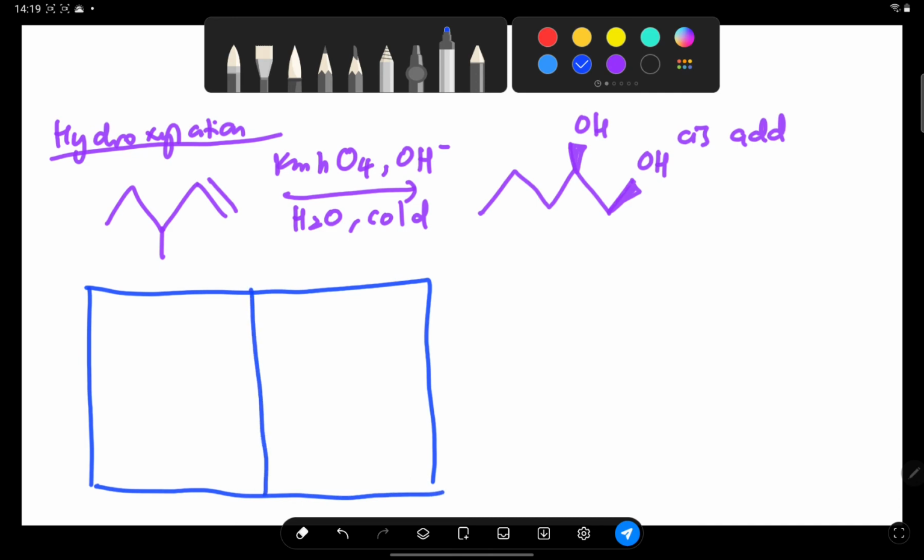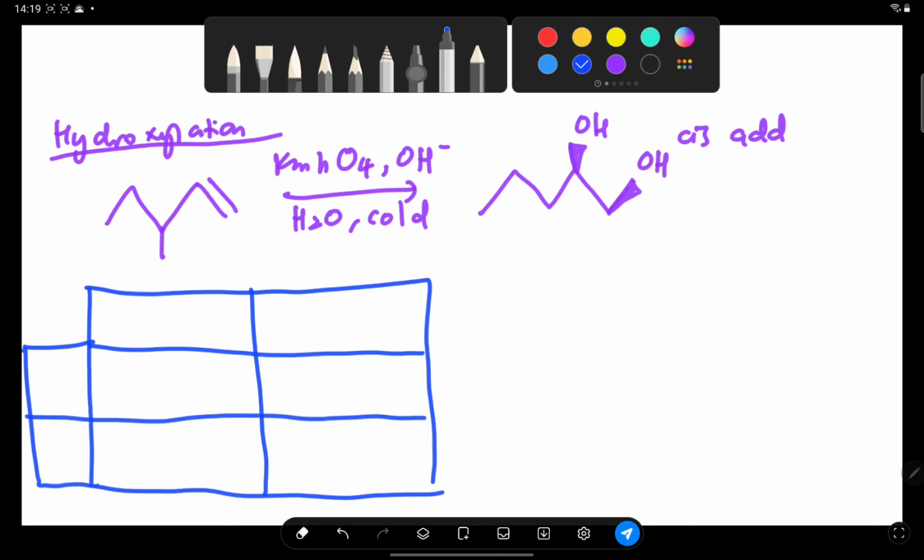Here we call the bromine test, and then here is the Bayer test.